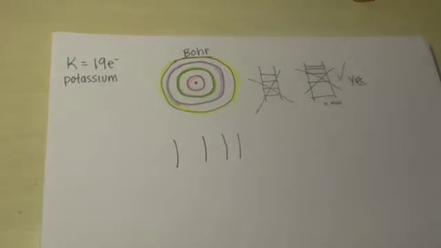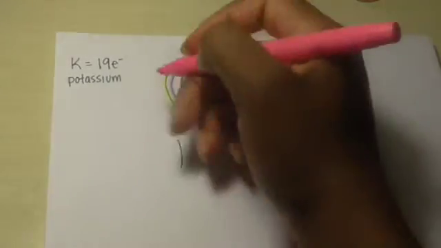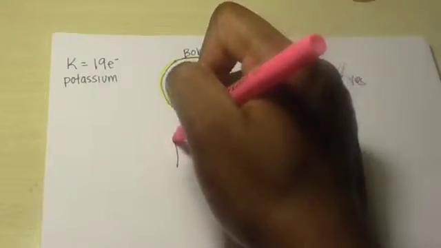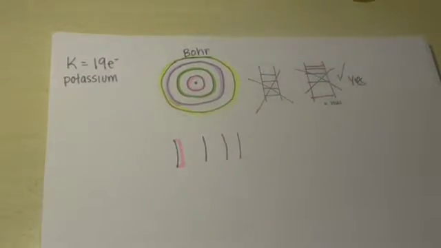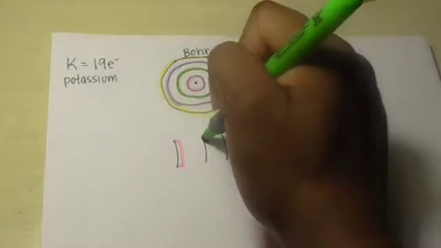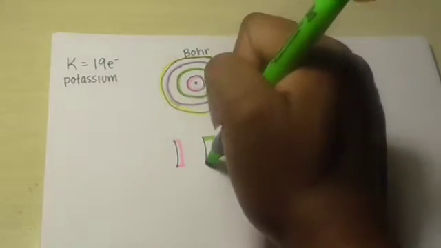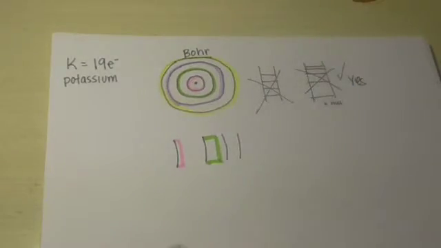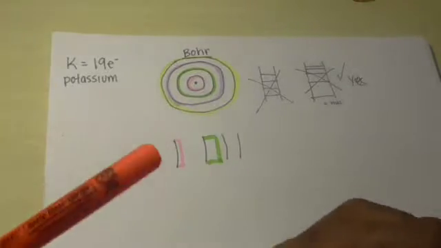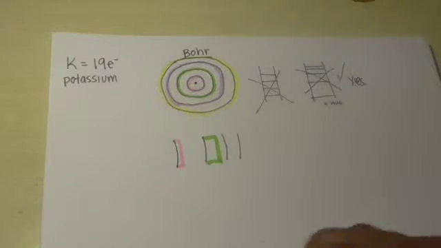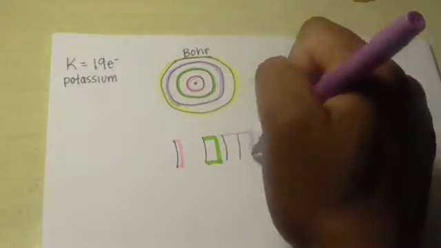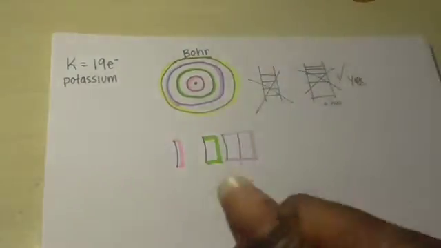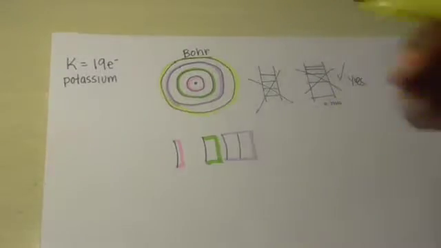The first ring is not very thick. The second ring is a little bit thicker because it holds a lot more electrons. It holds 8. The third ring holds 18 electrons, so it should be even bigger, which actually makes there be an overlap.